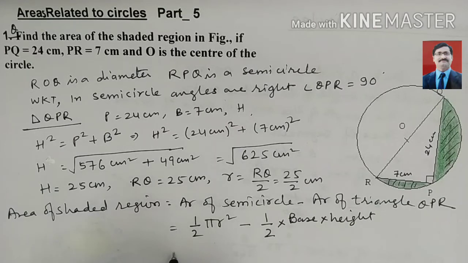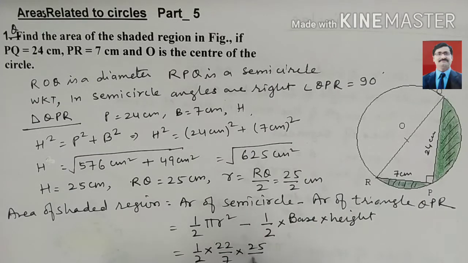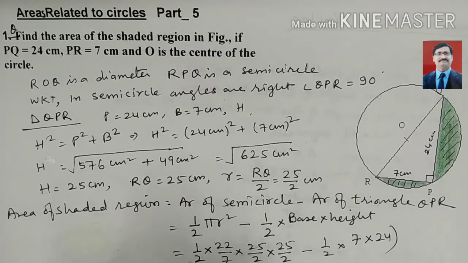Half pi, we take 22 by 7, and r is 25 upon 2, so r square is 25 by 2 times 25 by 2, and half base, 7 centimeter, and height 24 centimeter. The whole answer is in centimeter square.